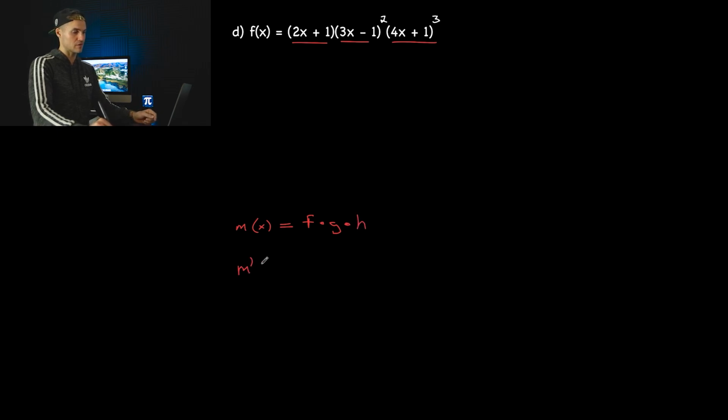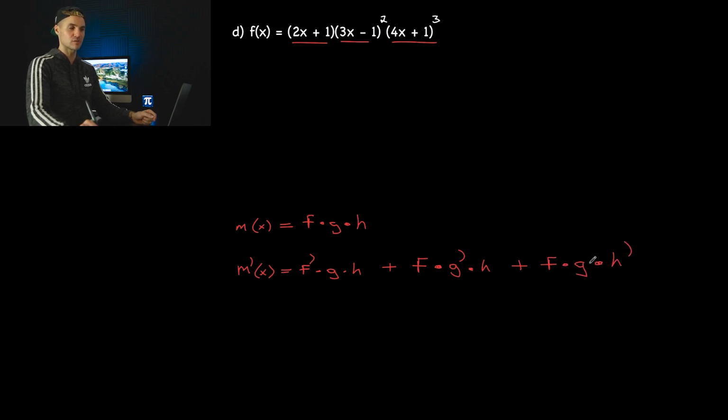The derivative of a function like this, we take the derivative of the first function, multiply it by the other 2 functions left as is, plus the first function left as is times the derivative of the second function times the third function left as is, plus first function left as is, second function left as is, times the derivative of the third function. Then we're going to have to simplify it with factoring. So it's going to be quite hectic, so let's be super careful with our algebra here.